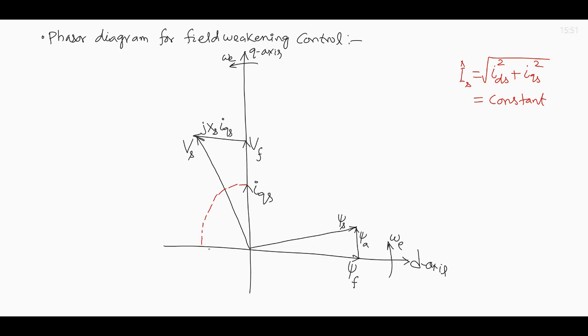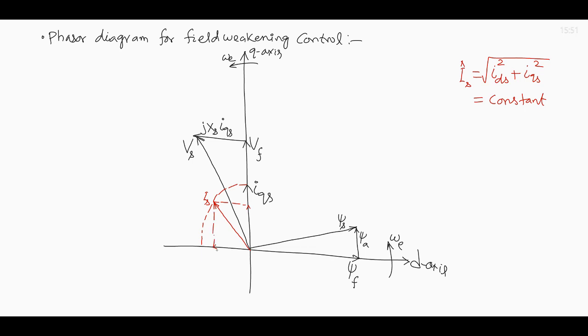So, at any time the stator current magnitude is given by the radius of the circle. This is the stator current phasor I s, and this stator current has two components. One is the q axis component as marked here, and another one is the d axis component here. Okay.